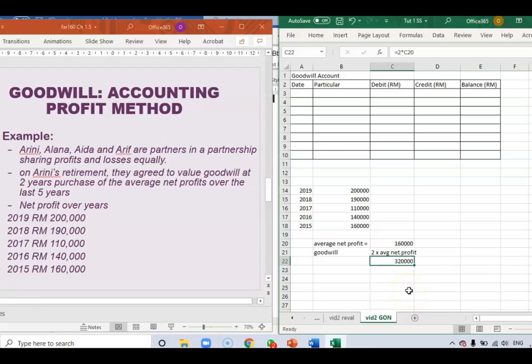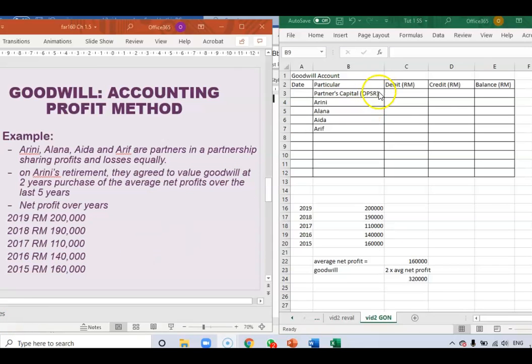Now, in your goodwill account, here are tips to remember how to do the goodwill accounts. You will have the partners' capital accounts. You need to distribute the goodwill calculated among the partners.